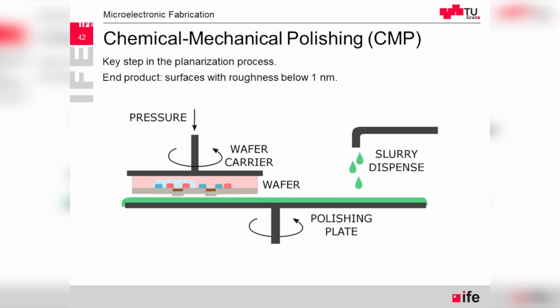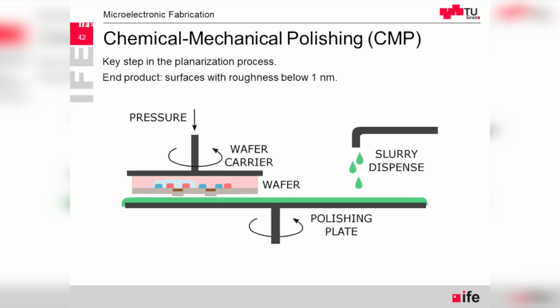Both are rotating, and this is chemical mechanical polishing, because just mechanical would not be able to give us such a small roughness, which is in the range of 1 nanometer. So that's the precision, how we can control the smoothness of the surface.